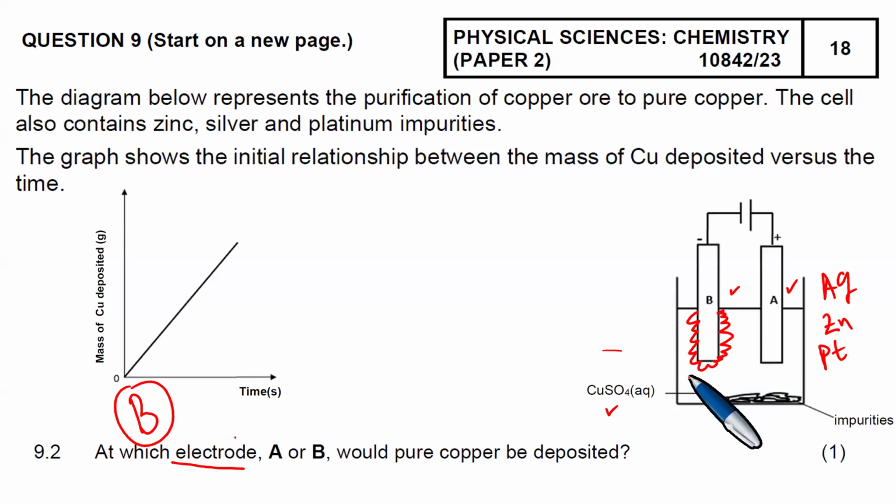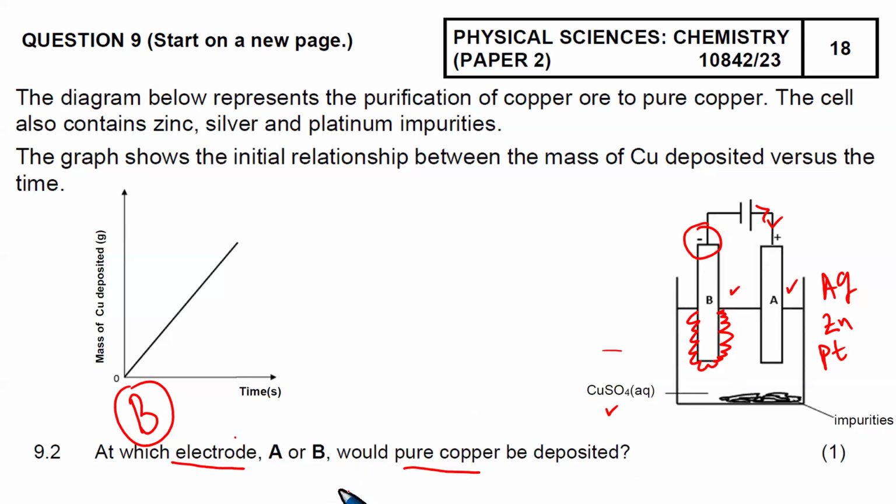It's going to be attracted to electrode B, obviously because electrode B is associated with the negative terminal, and the electric current will flow like this, towards electrode A, and the copper is going to be deposited on electrode B. Because this is copper sulfate that is there, we have pure copper that is going to be attracted towards the electrode associated with the negative terminal of the cell.